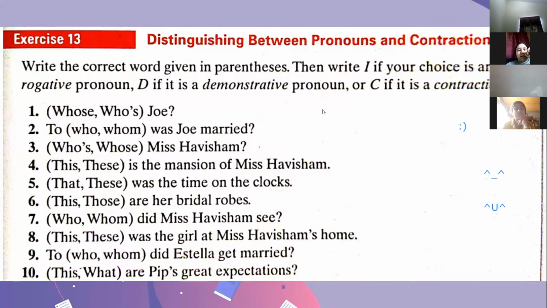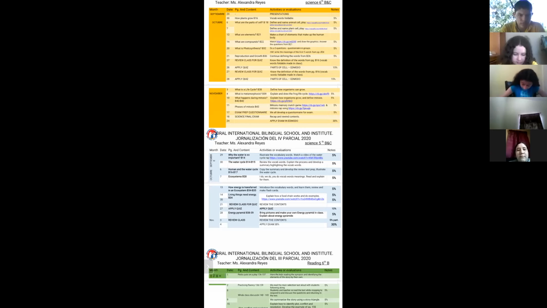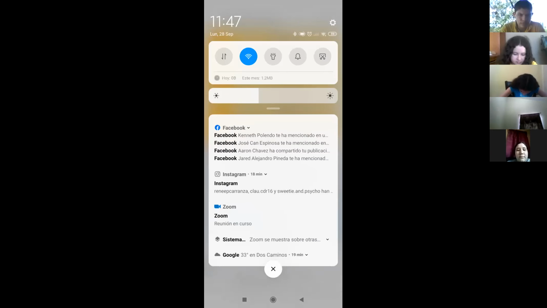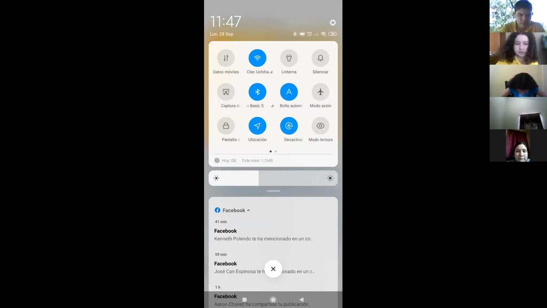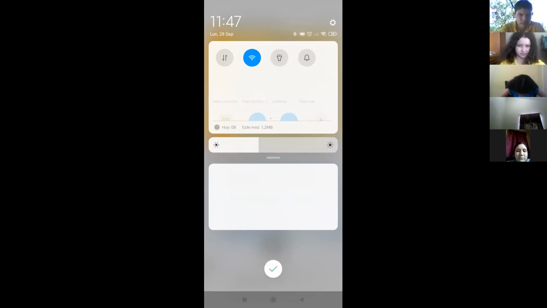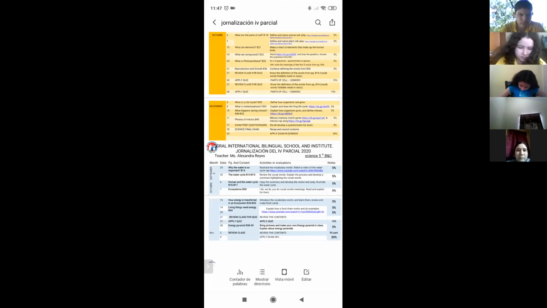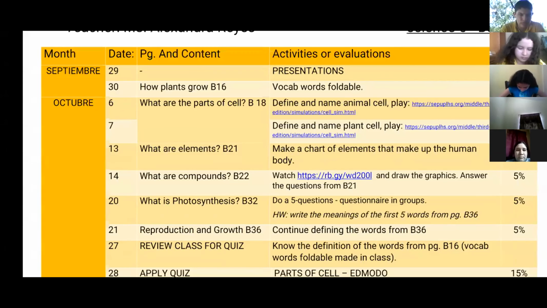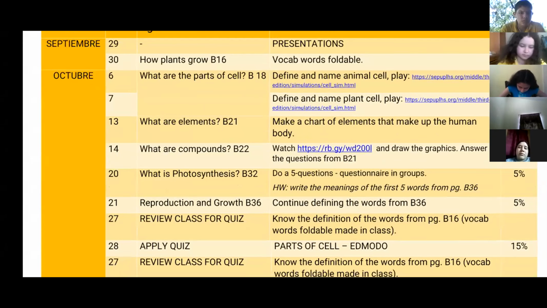Okay, I have here in the phone how we're going to work in this partial. I am not going to leave you a lot of homeworks, guys. But look at how many points we're going to win for each.